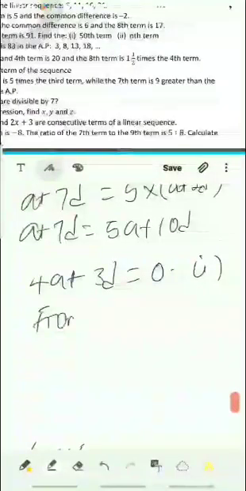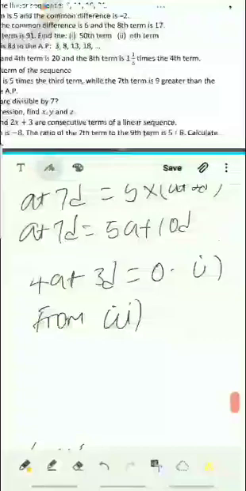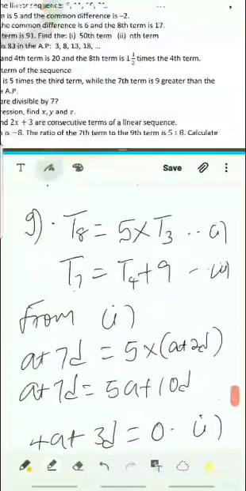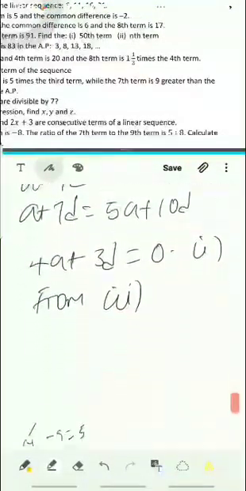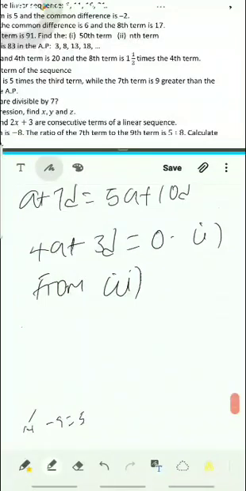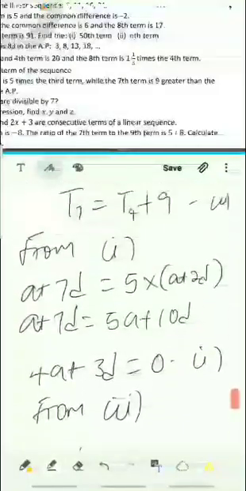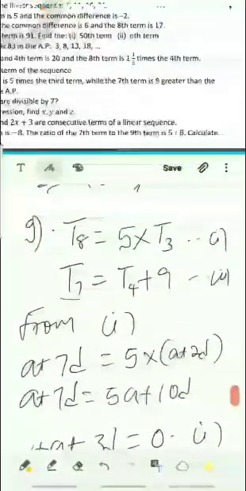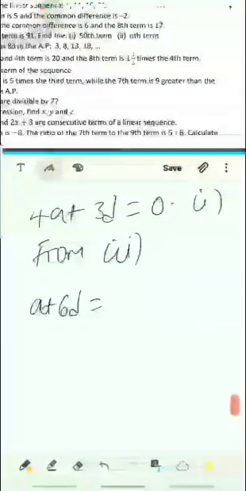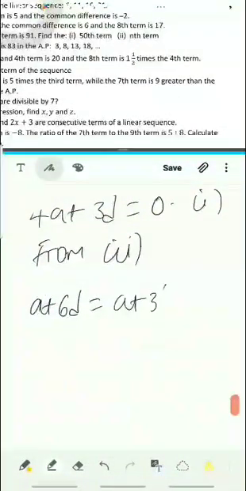From statement 2, T7 equals T4 plus 9. T7, the seventh term, is A plus 6D, equal to T4 plus 9, that's A plus 3D plus 9.